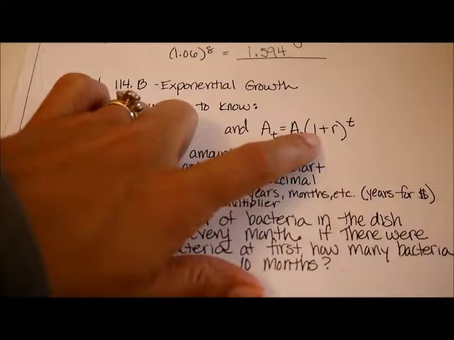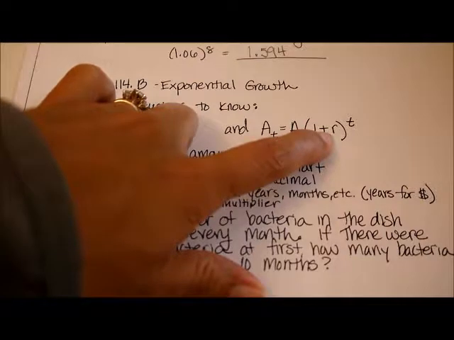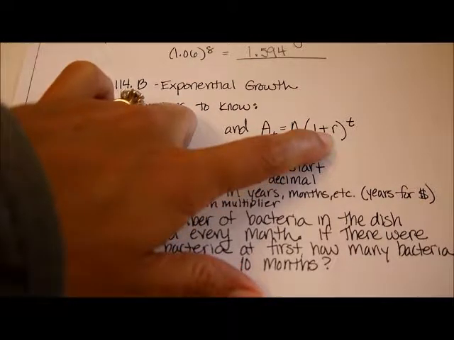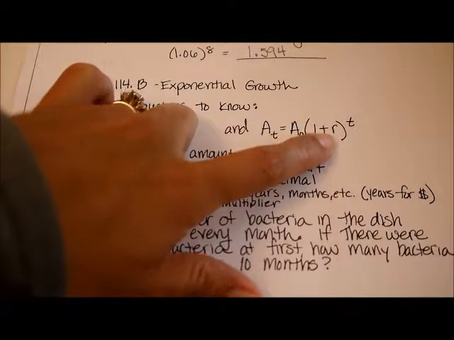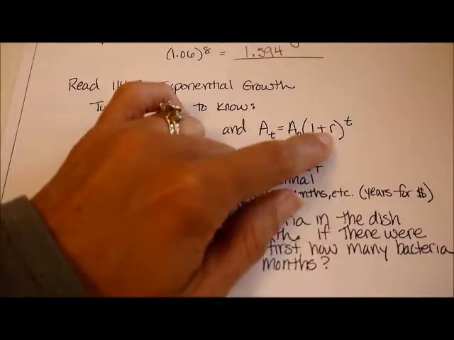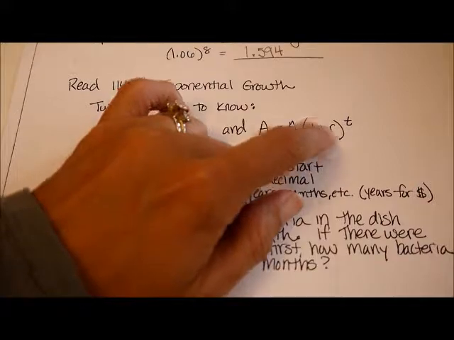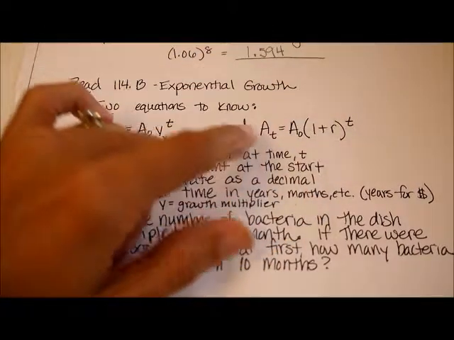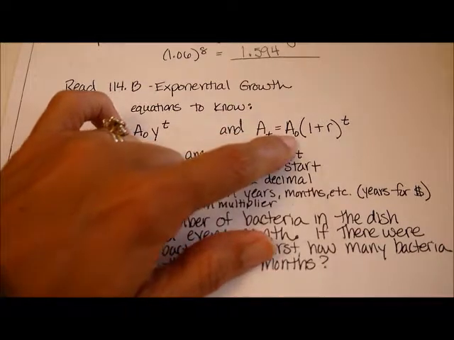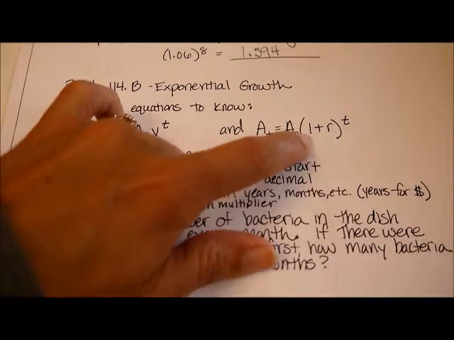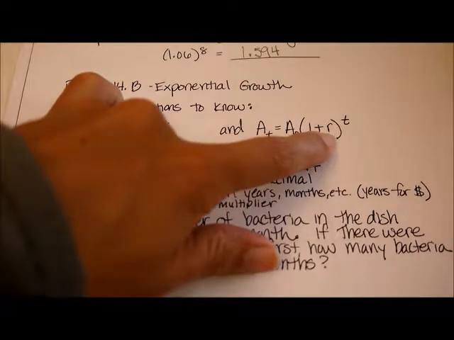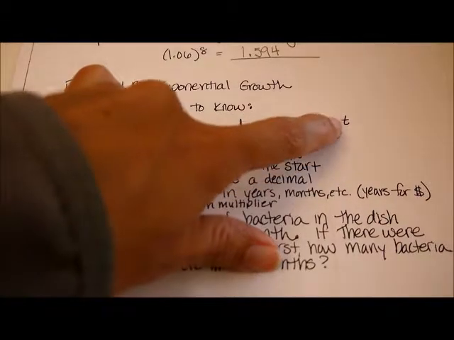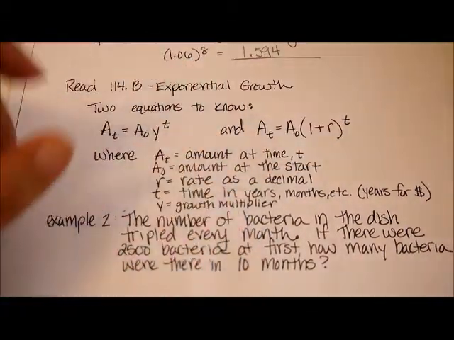So this is 1 plus R. Well, the rate is the bank gets to decide. Let's say it grows by 4%. This would be 0.04. And this number would be 3. Remember, I want to know how much I have after 3 years. So we would put in 100, parentheses, 1 plus 0.04, end your parentheses, to the third power.